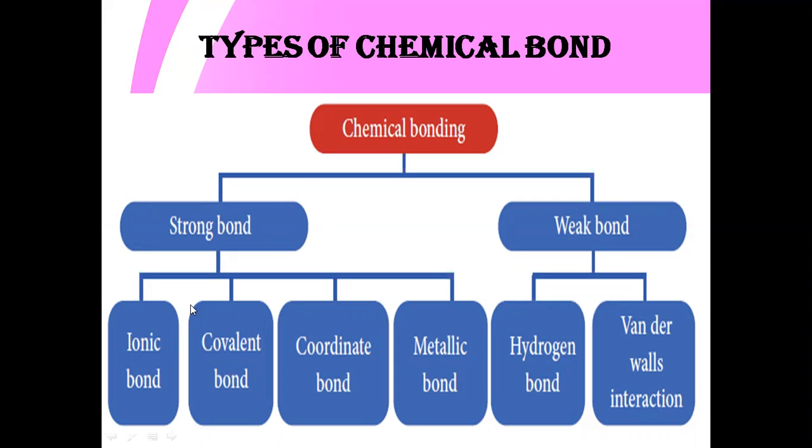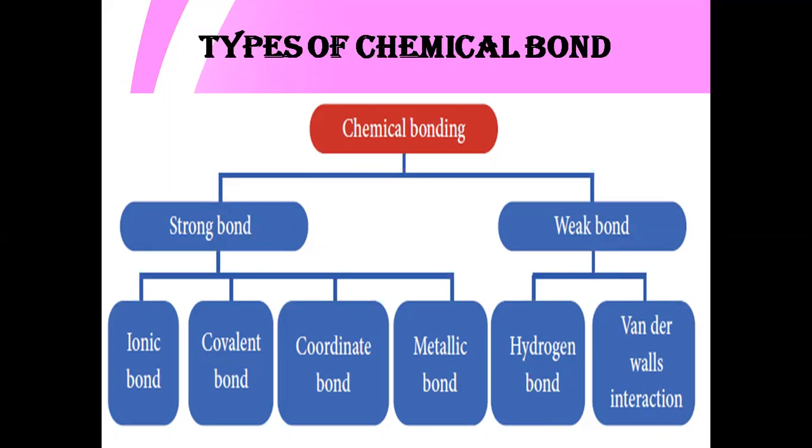The ionic, covalent, coordinate and metallic bonds are strong bonds, and hydrogen bond and van der Waals interactions are weak bonds. Some of the types are given in 9th standard. The remaining you will study in higher studies.